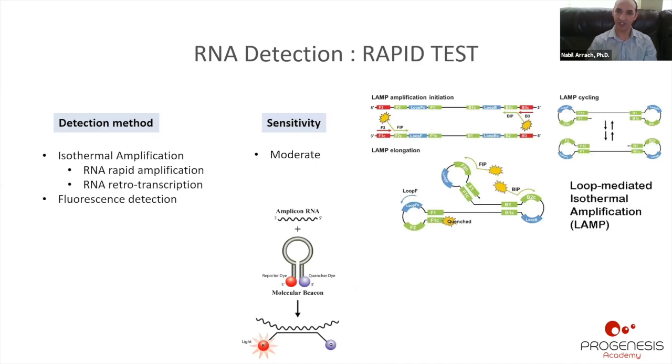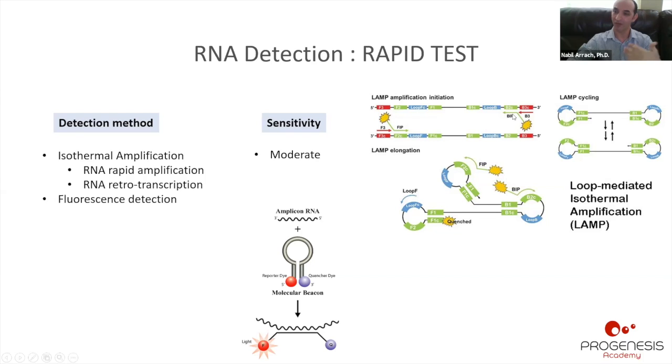Now, going into isothermal amplification, this is just a diagram that shows you how the primers will recognize the RNA. It will start amplifying through the RNA, and then those primers will have a fluorescence marker that will fluoresce.